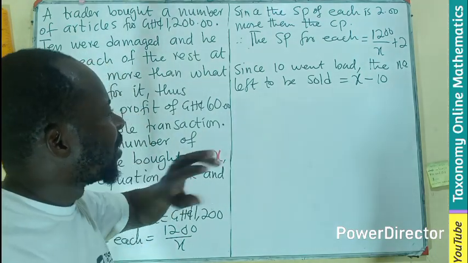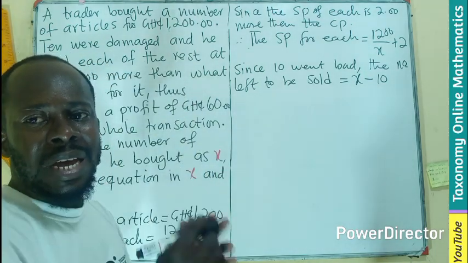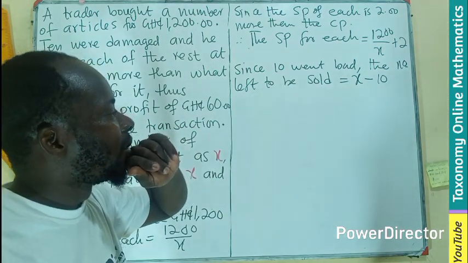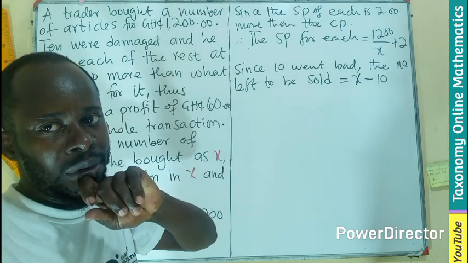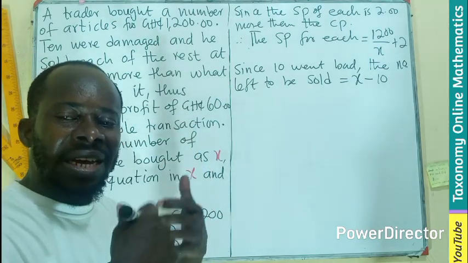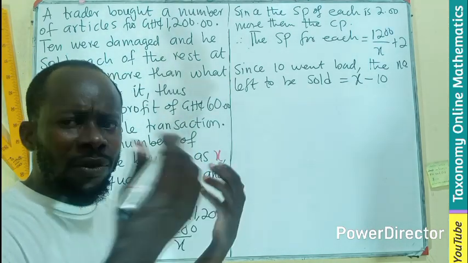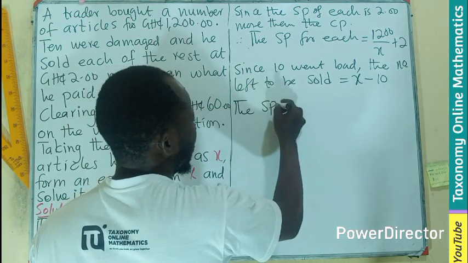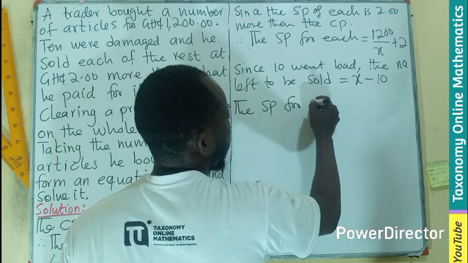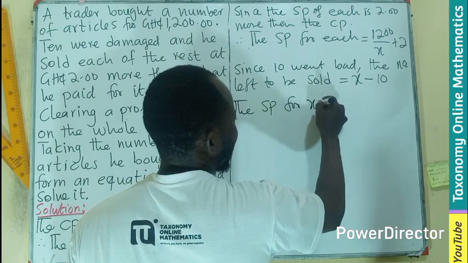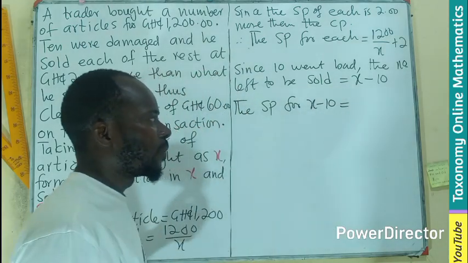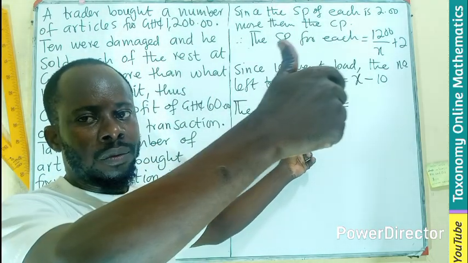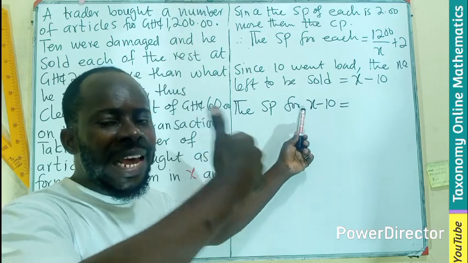Now, each of the prices is 1,200 over x plus the 2. So if I am going to find the selling price of all, x minus 10 is going to be the number that I have, times the unit price.